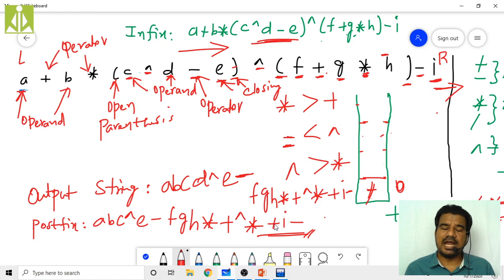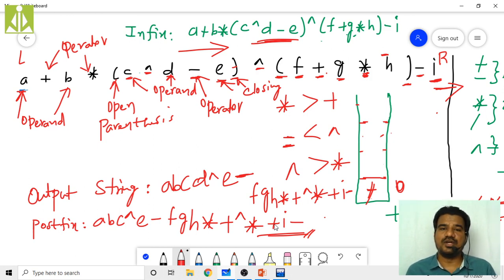If the scanned character is a closing parenthesis, check the stack for the first occurrence of the open parenthesis from the top. Till the opening parenthesis, whatever operators you have in between, pop all of them one by one and add them to the output string. Discard both the closing and opening parentheses, and move ahead and consider the next character.